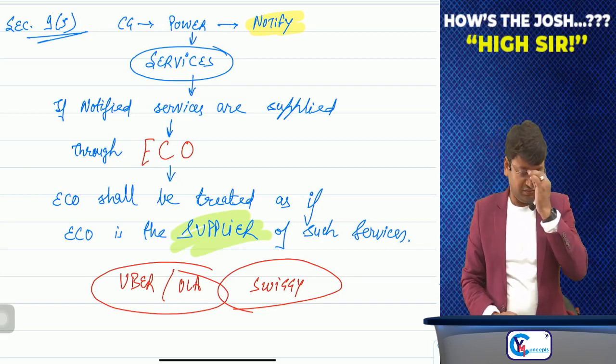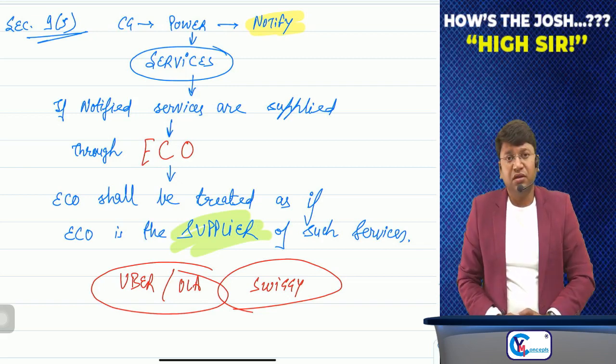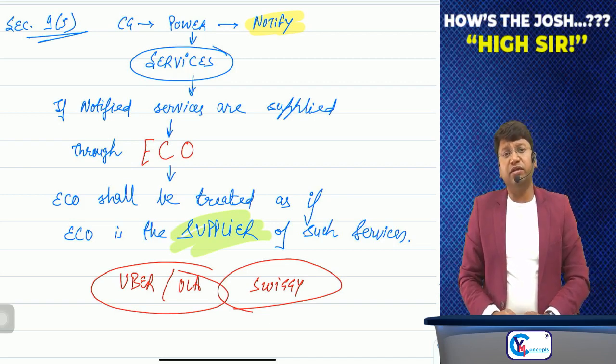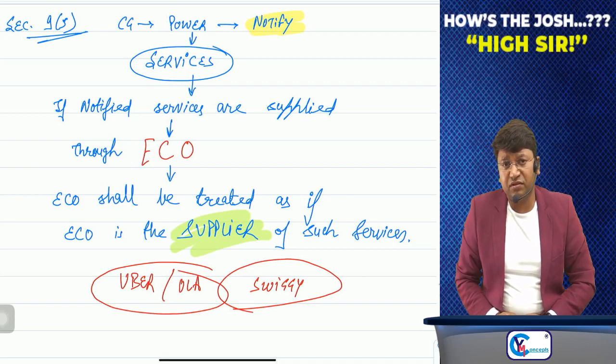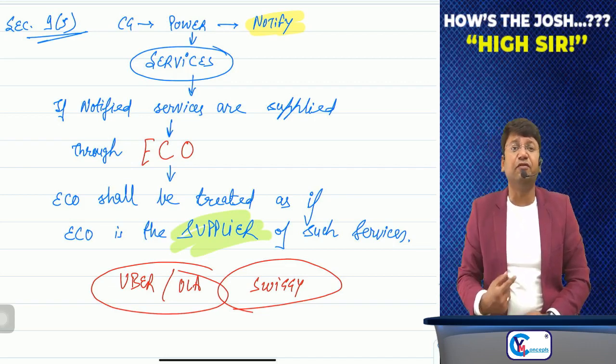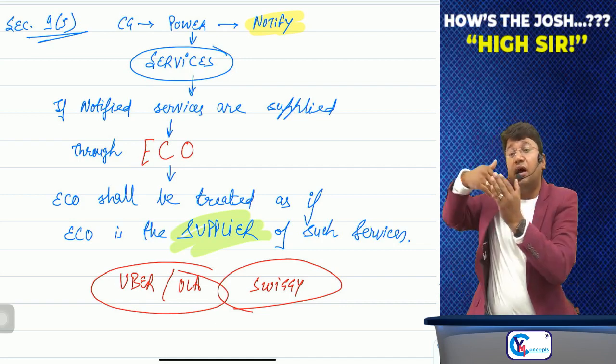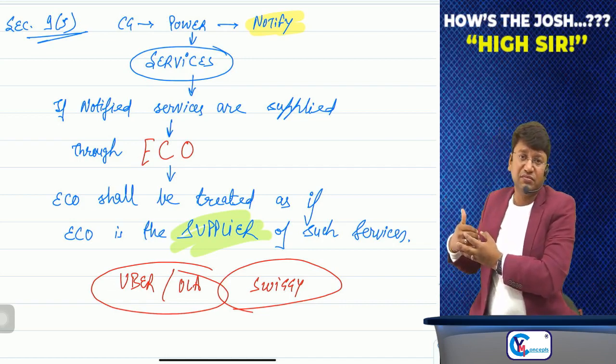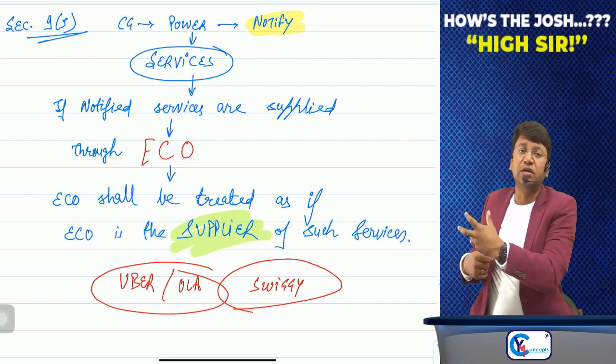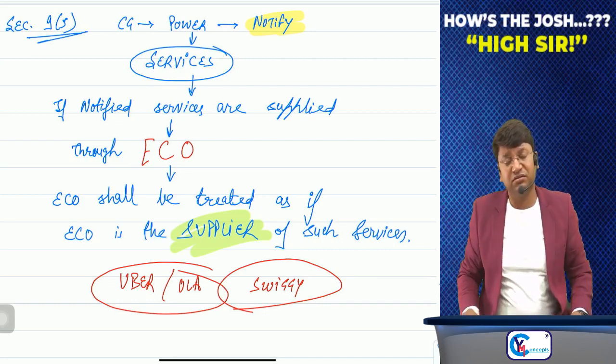But sir, by focusing on the category of services, the government experienced that it will be very difficult to collect the tax from these taxi operators, because it is an unorganized sector. It is very difficult to collect taxes from each and every individual driver.